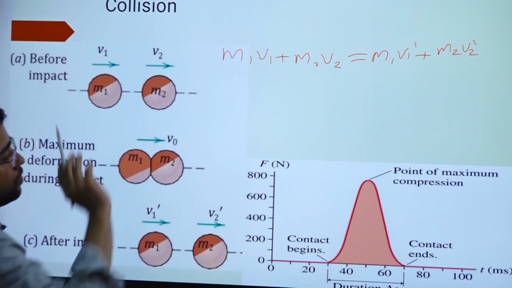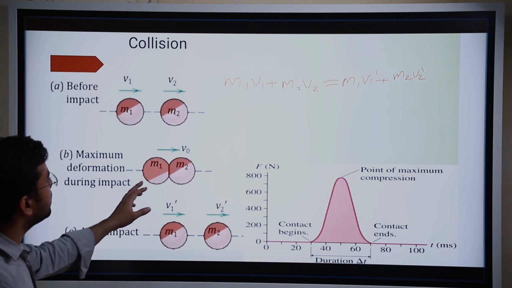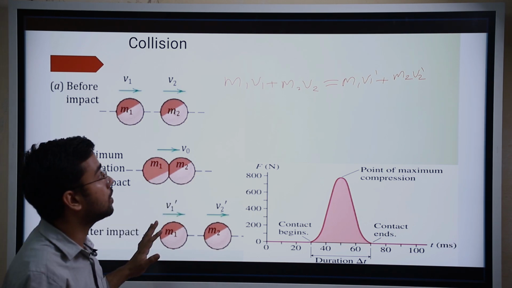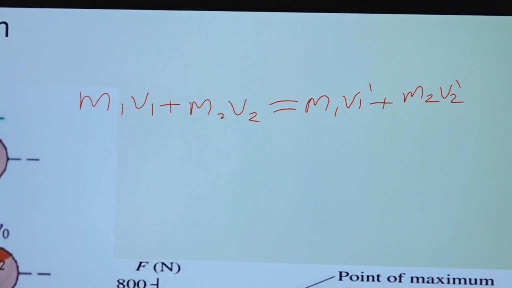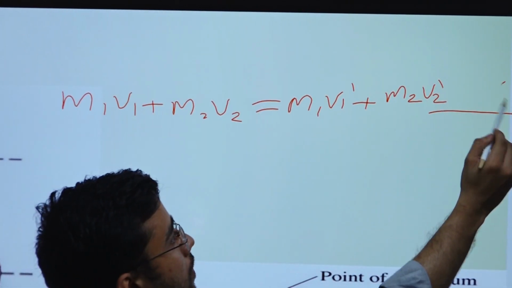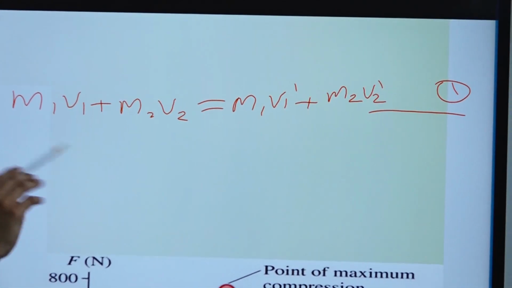This will follow whether there is friction or not, whether there is a loss of energy or not, it doesn't matter. This will be the first equation, and it is always followed.